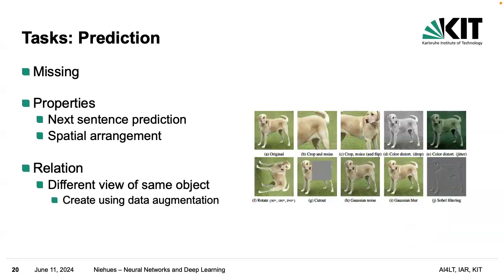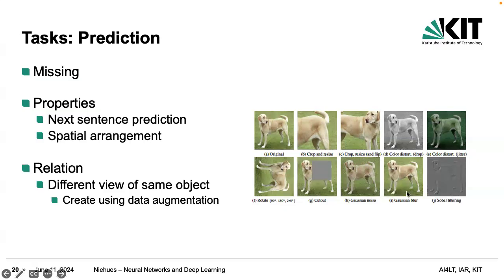There's also the relation, especially for images, which is of course again related to the properties. What you can also do is take the same image and apply standard image operations. You can crop it and resize it, so take a part of the image, you can flip it, you can remove the color or change it, you can rotate it, you can add noise to it, blur it, and so on.